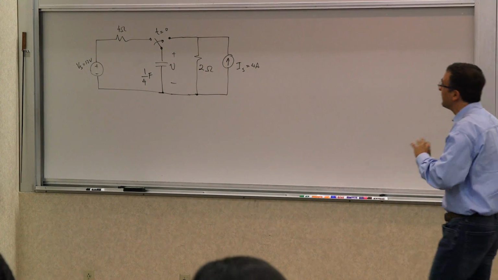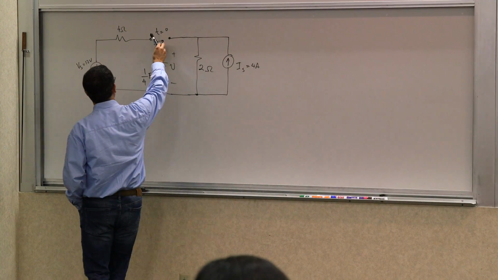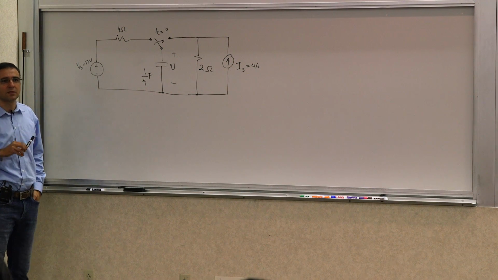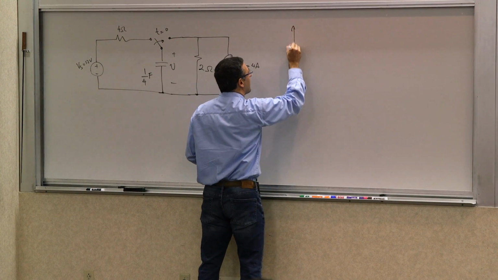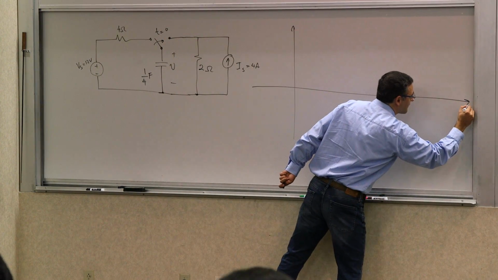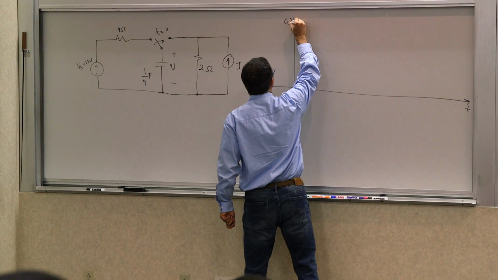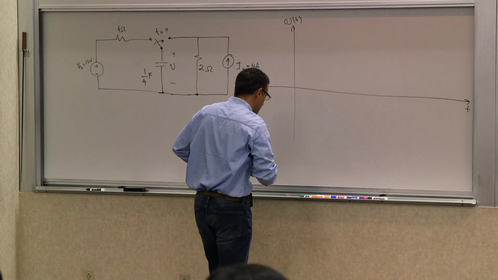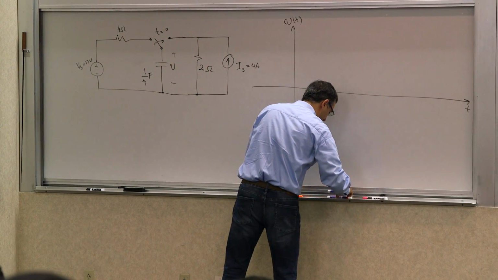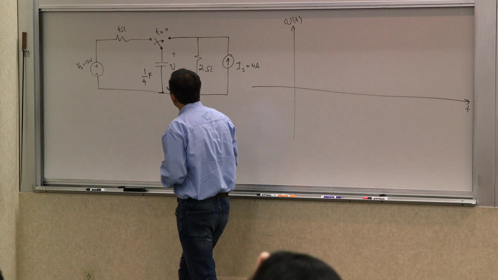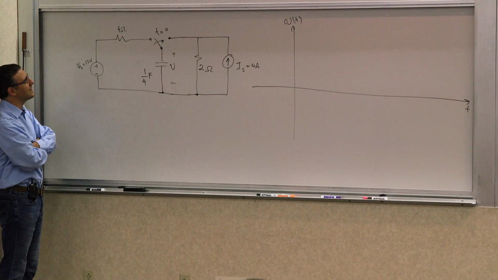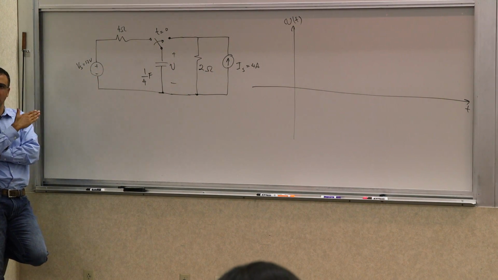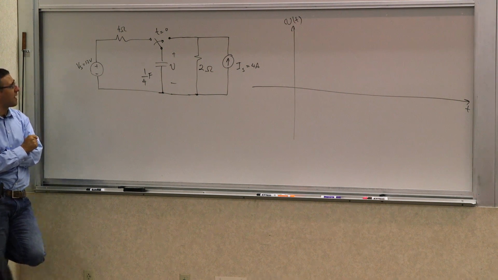So at negative t's, this switch has been on this side, right? What we are trying to do is to find v as a function of t. So how do we do that? When this switch is closed on this side, so let's say this switch has been closed to the left for a long time.